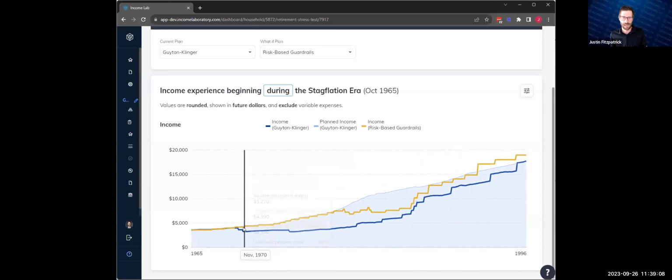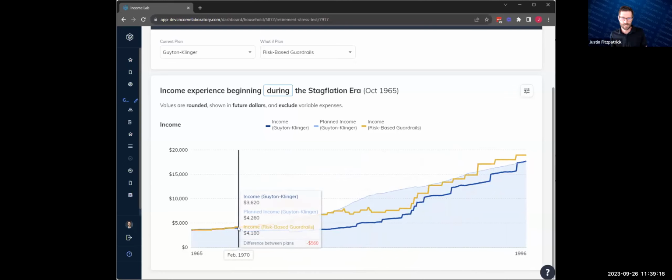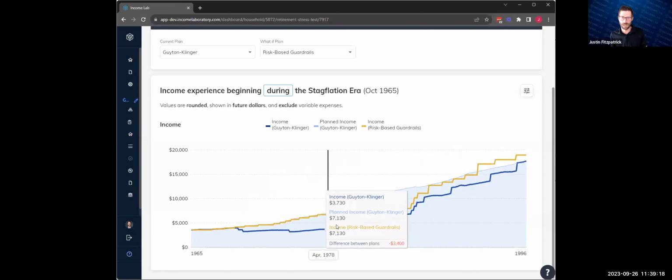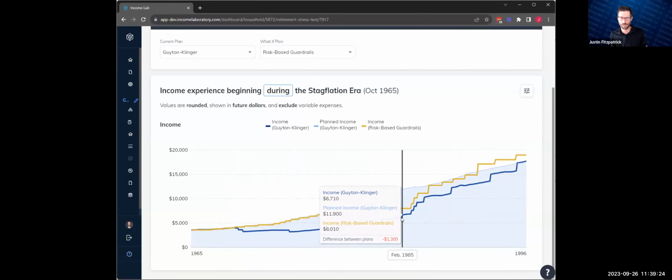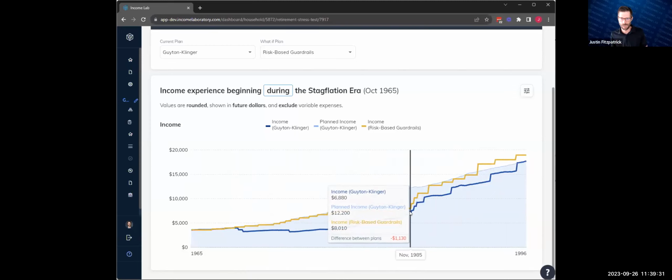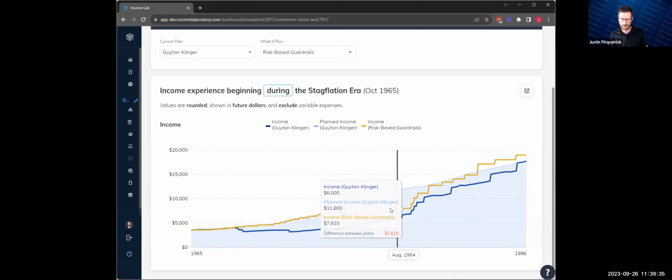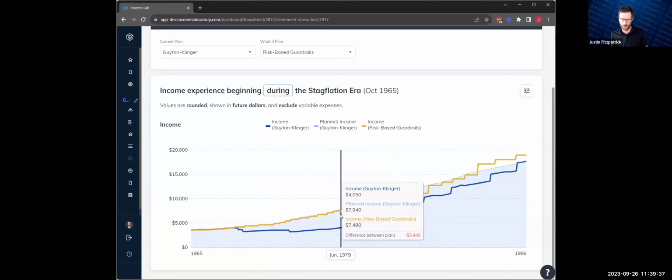And so maybe this gives a slightly better view of what the actual experience would have been like for people. It's essentially flattening the nominal dollar amount for Guyton-Klinger from 69 roughly through 85. And then for risk-based guardrails, it's from about 79 to 85 that we're just going sideways with our nominal withdrawals.